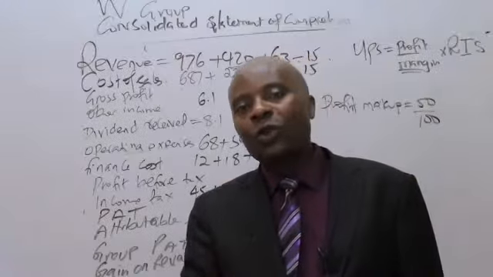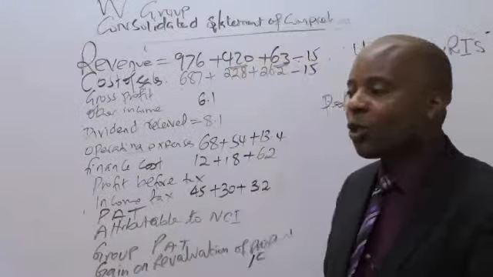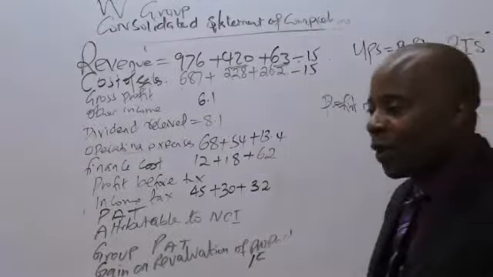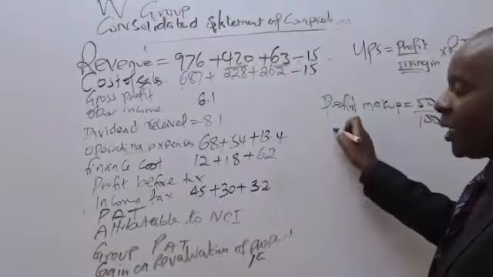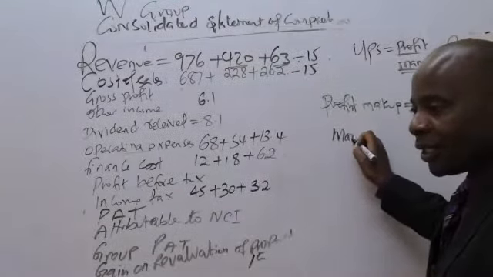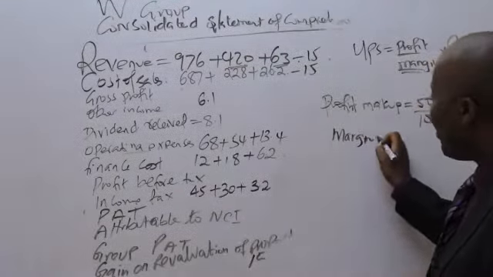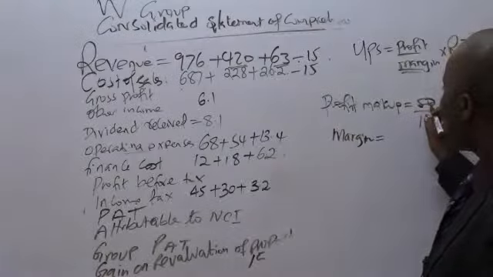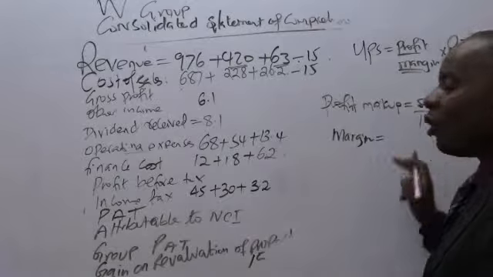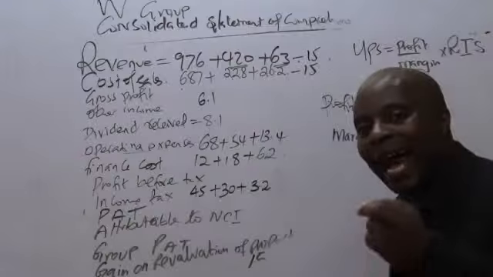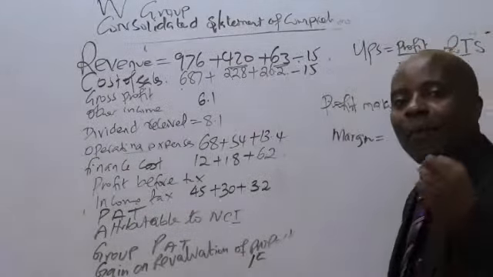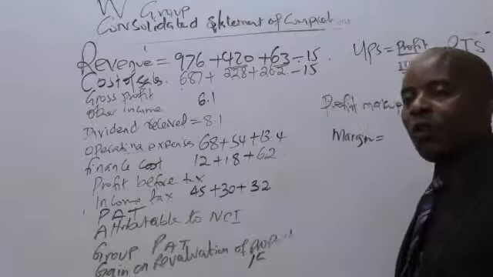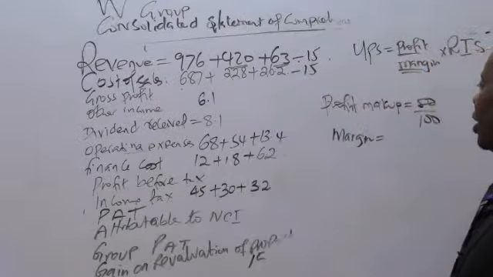So in group consolidation, we always prefer the margin. Margin has a bigger denominator. And how do we get this bigger denominator?